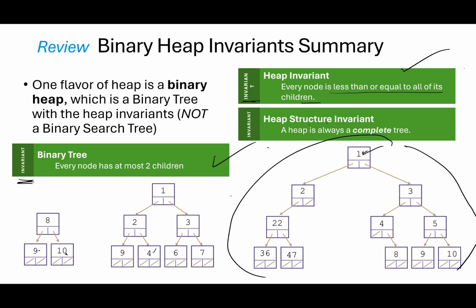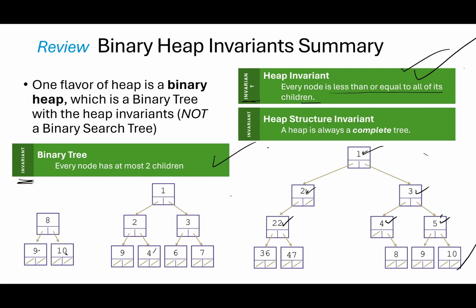Is 2 less than all its children? Yes. What about 22? It's also less than all its children. Is 3 less than or equal to all its children? Yes. 4 is less than its children. 5 is also fine. So that means the second invariant also passes.